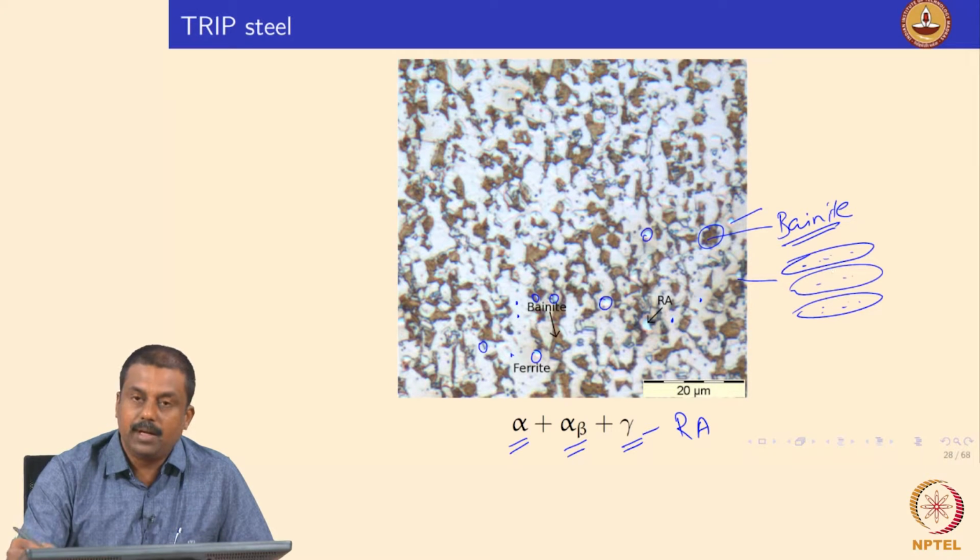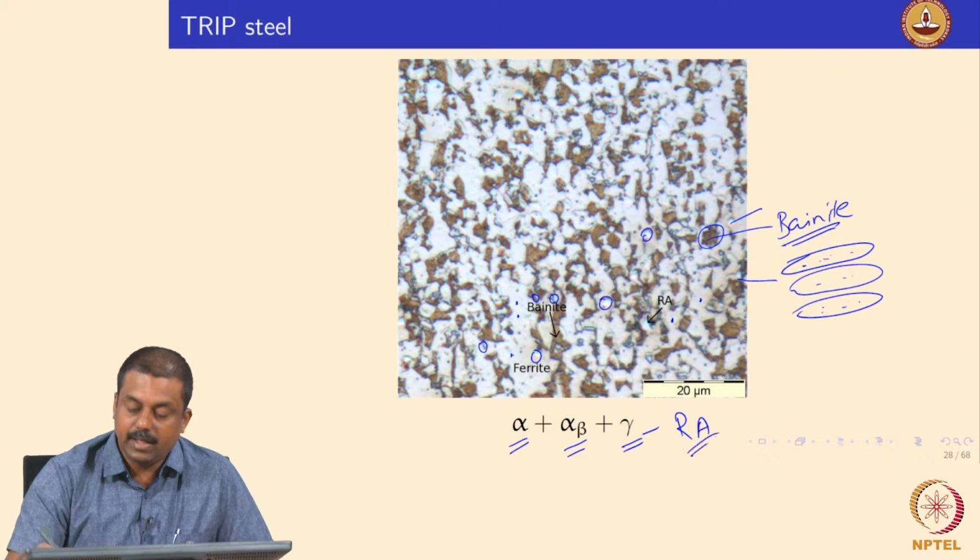And by doing so, we gain some advantage of carbon migration to the austenite that is transforming, and because of that we can stabilize retained austenite at room temperature. I will explain in a thermomechanical cycle of the TRIP steel heat treatment, wherein we can understand how the microstructure can be generated in a special heat treatment.